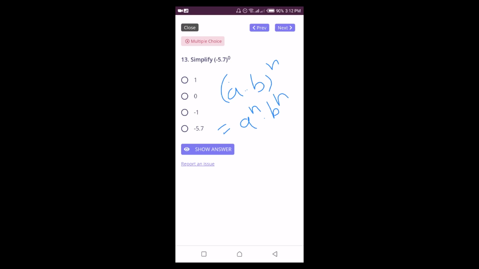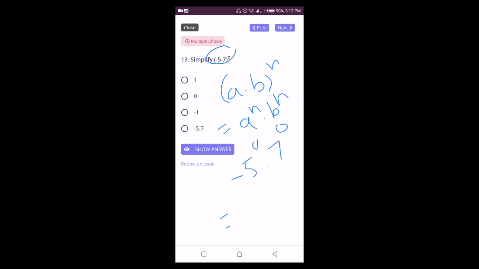Can you see the question? It is just like this rule. So how we are going to solve this question now? I think it's minus 5 multiplied by 7, raised to the power 0. Now what should be the next step?